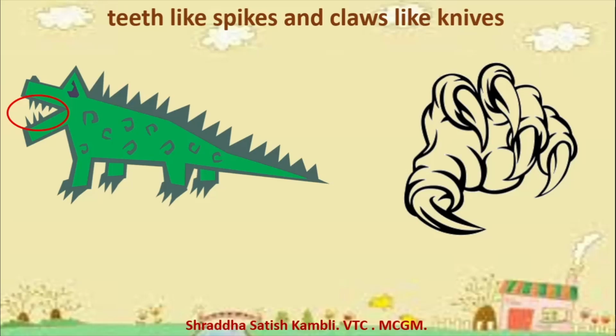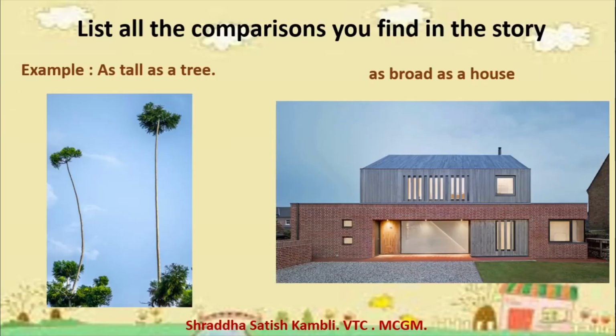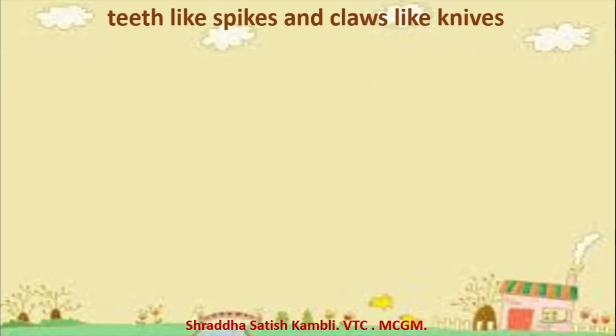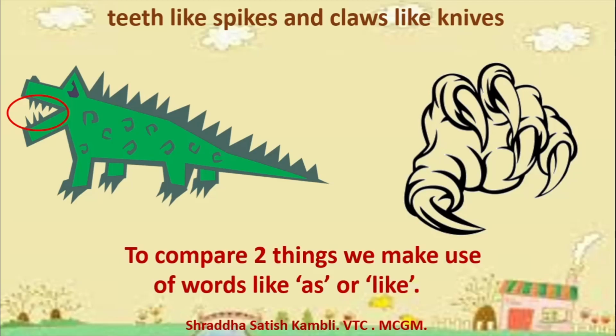Knives are very sharp, isn't it? In the same way, the claws of the dragon were very, very sharp indeed. Which words have we used here? We have used words like as, and in this picture we have used like. So to compare two things, we make use of words like as or like.